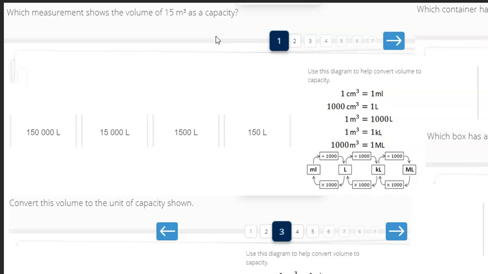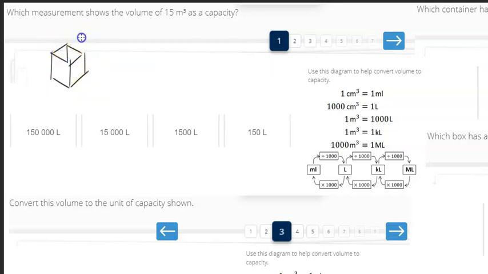So the first question for this first example here, which measurement shows a volume of 15 cubic meters as a capacity? So this is saying of some volume of some sort, regardless of whether it's rectangular or cubic or whatnot.